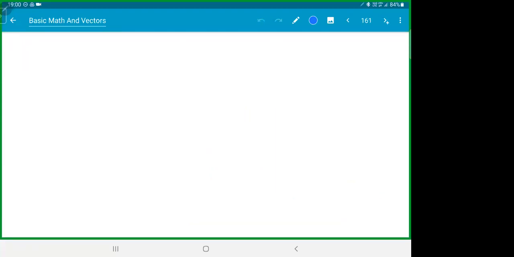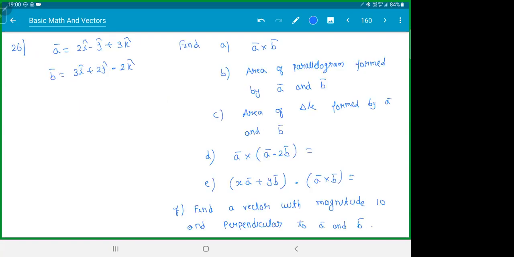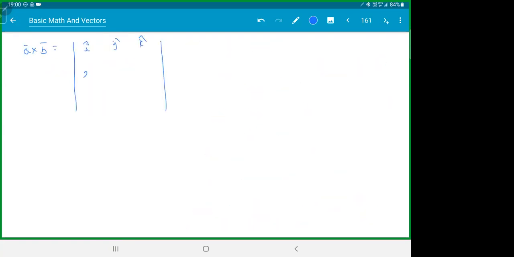So what is A cross B? I, J, K. 2, minus 1, 3. 3, 2, minus 2.